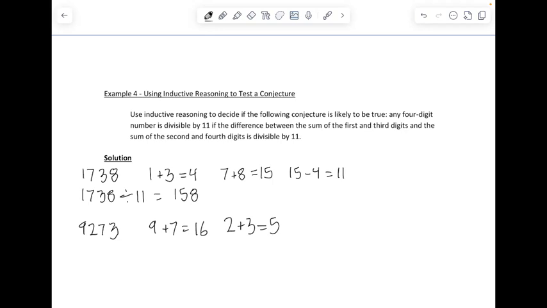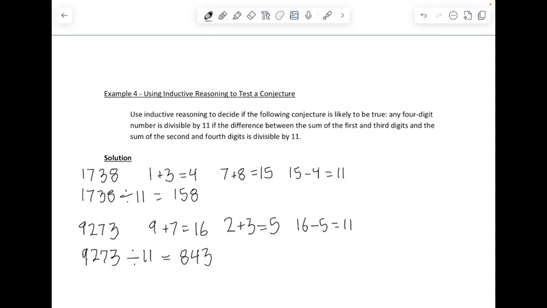And if I subtract 16 and 5, I get 11, which is definitely divisible by 11. So, if the conjecture is true, then the original number, 9,273, should also be divisible by 11. And in fact it is, because if you divide that by 11, you get 843 with no remainder.